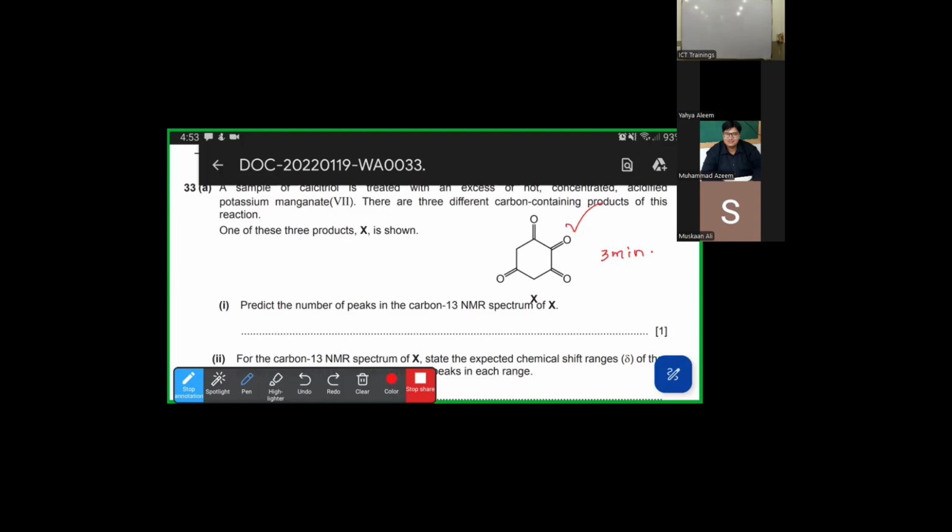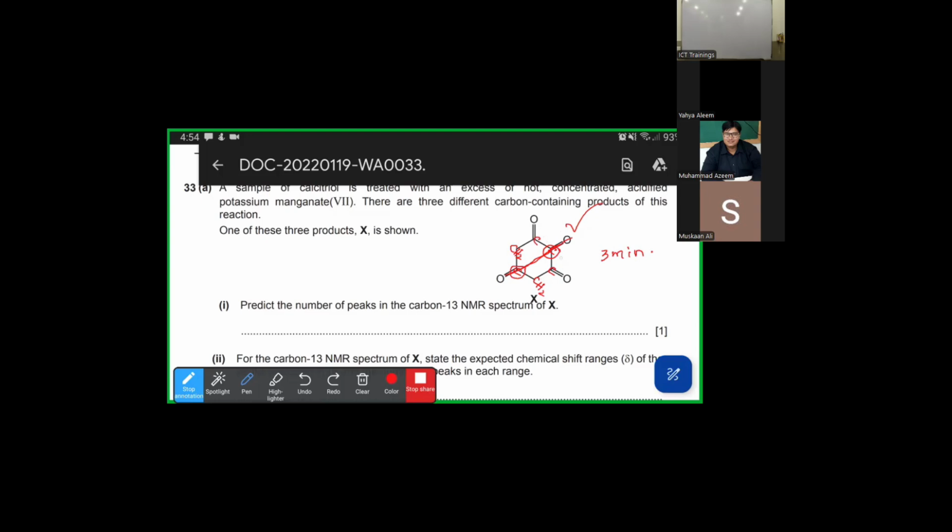3 peaks. Okay, Muskan, that's beautiful. You said 3, so let me find it out. You cut it up here into 2 equal parts. So this is the carbon, this is the carbon, this is CH2, this is CH2, and this is C, and this is C as well. So this carbon and this carbon are present in different environments.